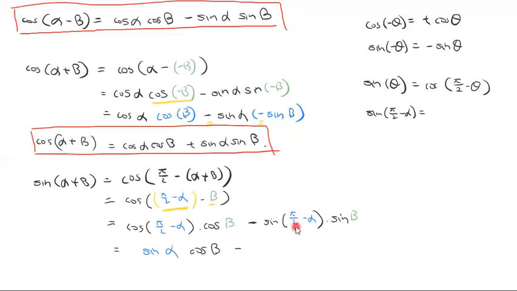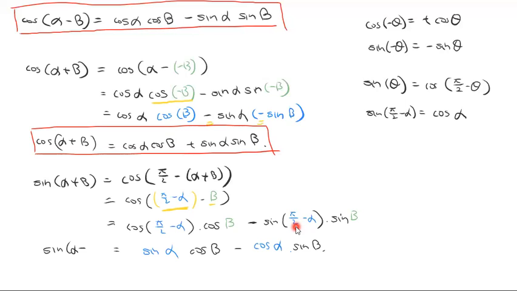Is it like cos something? Cos alpha? Positive or negative? Positive? Yeah. So that means you will just replace this by cosine of alpha times sine of beta. And there you have it.